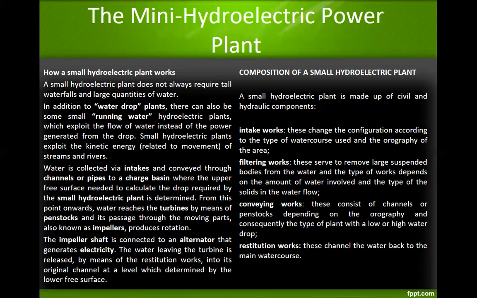This serves to remove large suspended bodies from the water, and the type of work depends on the amount of water involved and the type of solid in the water. Conveying works. This consists of channel or penstock depending on the orography and consequently the type of plant with a low or high water drop. Restitution works. This channels the water back to the main water course.